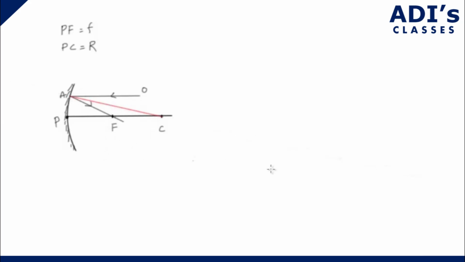Because C is the center and A is a point on the surface, CA will be the normal. So this angle and this angle will be the same because it's the normal, so angle of incidence and angle of reflection. So angle OAC is equal to angle CAF, let's say theta.